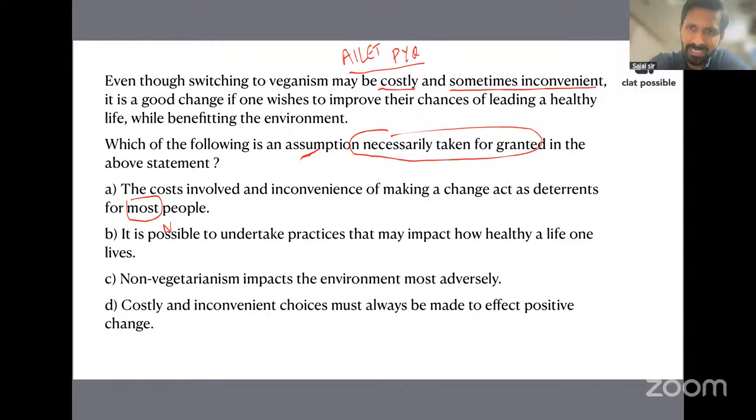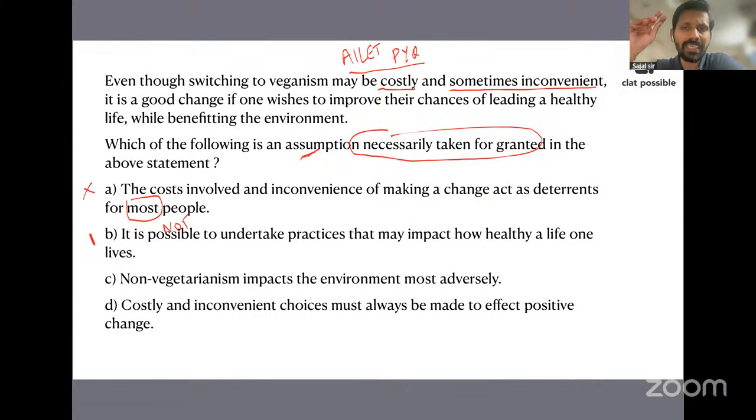Again, if I say it is not possible to undertake practices that may impact how healthy a life one lives, then that entire point on veganism is lost, right? It just falls apart. So B is that very basic requirement for the argument to hold, right? Better than A, right?